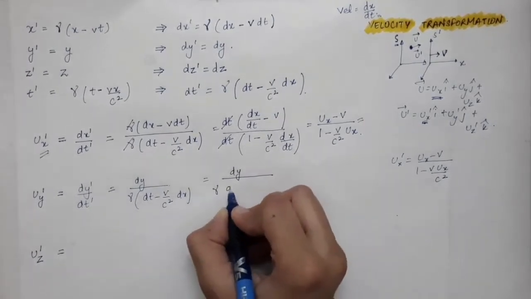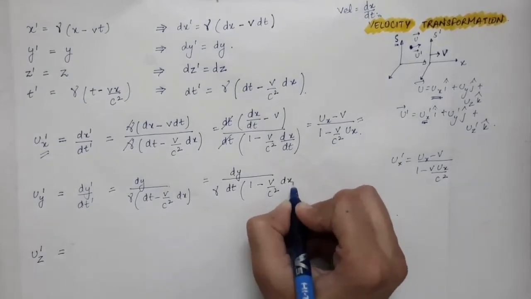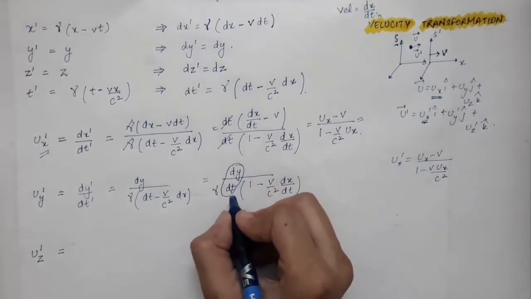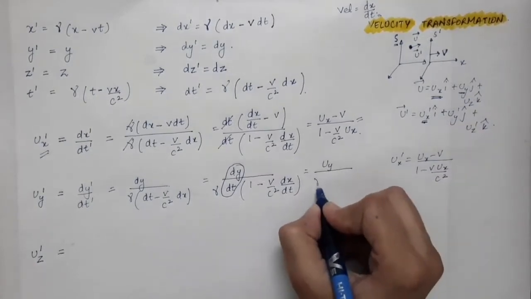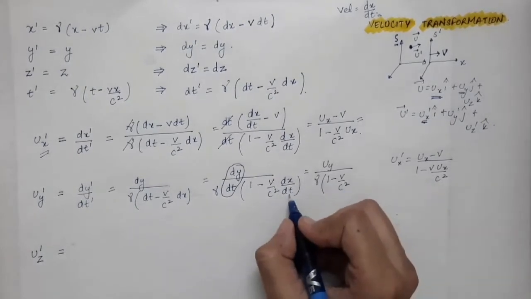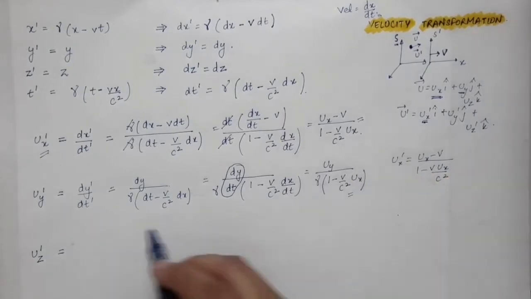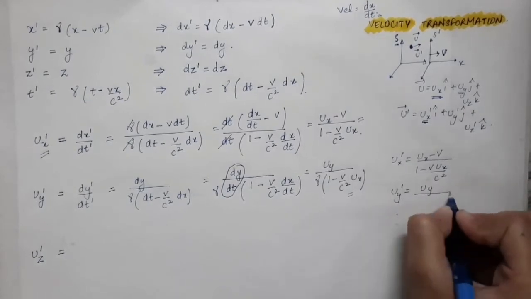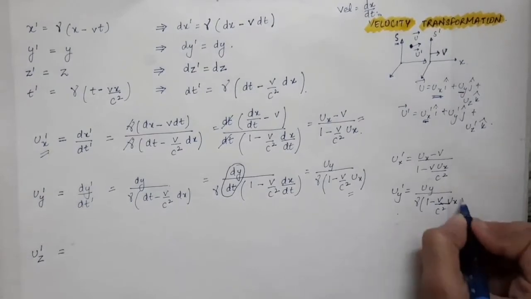Now you will take dt common, so you will have 1 minus v by c square and dx by dt. So over here you have dy by dt, which is nothing but equal to uy. So this will be equal to uy divided by gamma times 1 minus v by c square into dx by dt, which is nothing but ux. So this is the second equation you have got of the transformation of velocity. So uy prime is equal to uy divided by gamma times 1 minus v ux by c square.